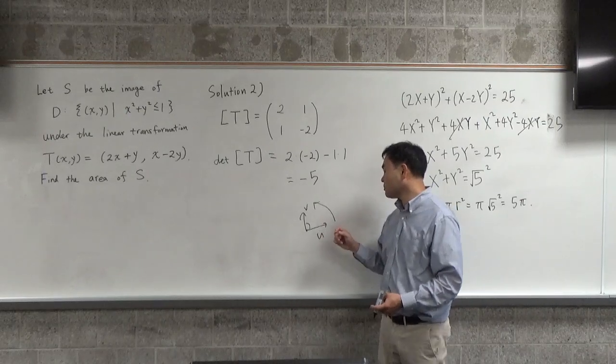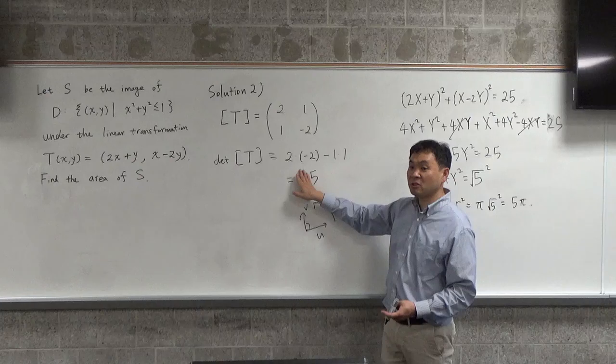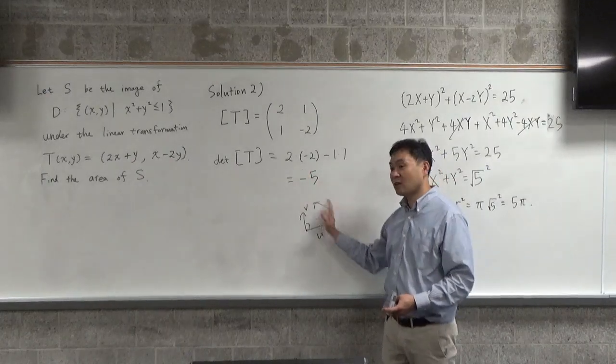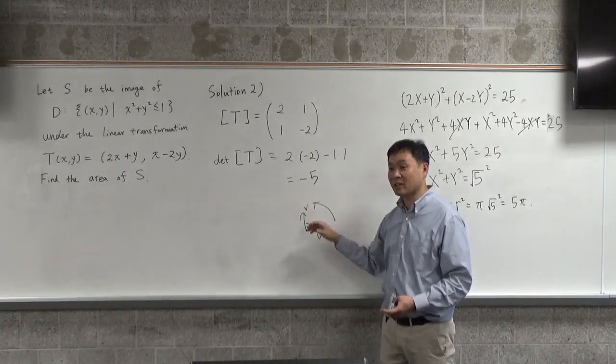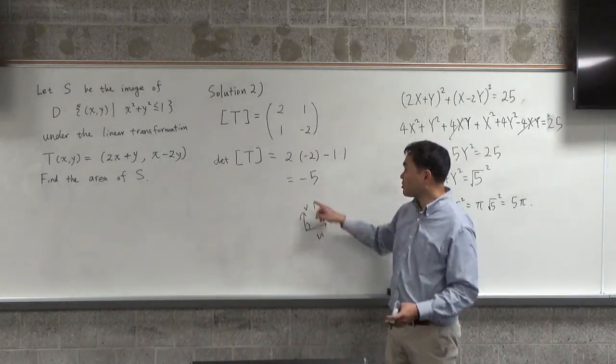So if it's positive, the linear transformation takes a vector configuration that's right-handed to right-handed. If it's negative, it will flip it. Right? So that's all it does.